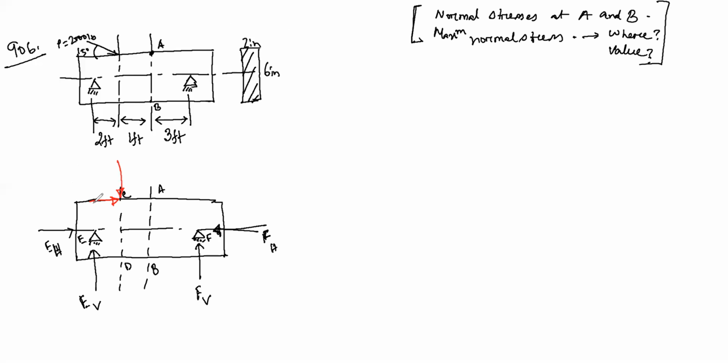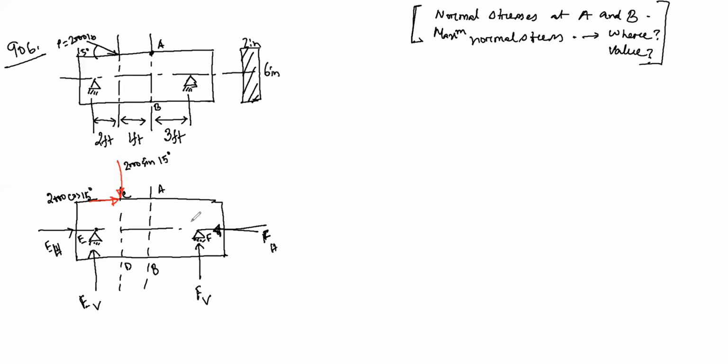So the horizontal component is 2000 cos 15 degrees, and the vertical is 2000 sine 15 degrees. I hope you are understanding up to now.